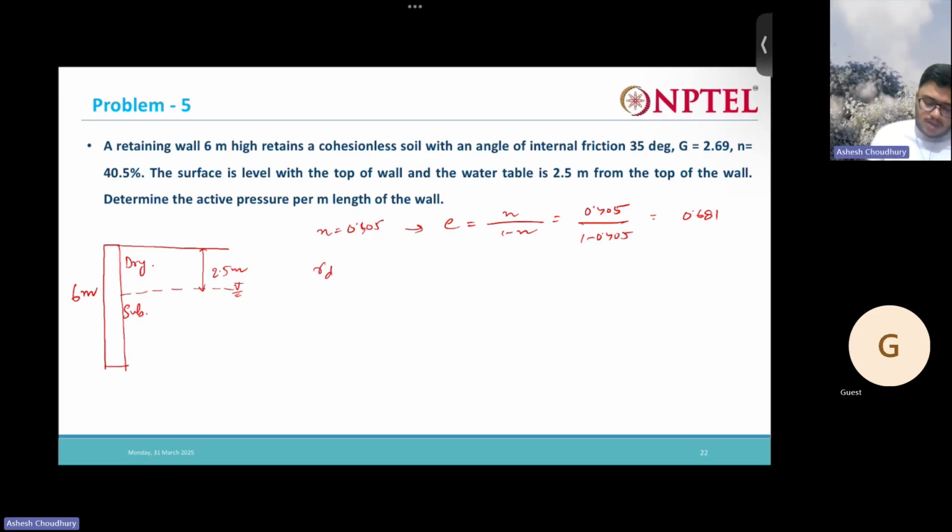Now I can get my dry unit weight. So submerged.